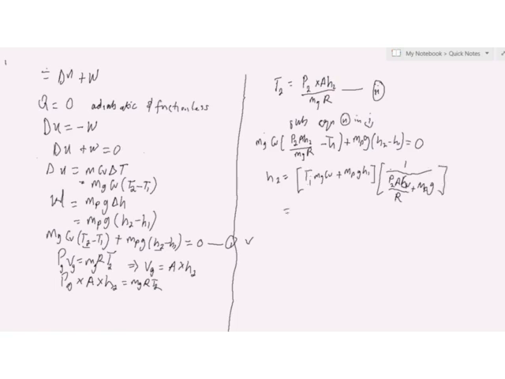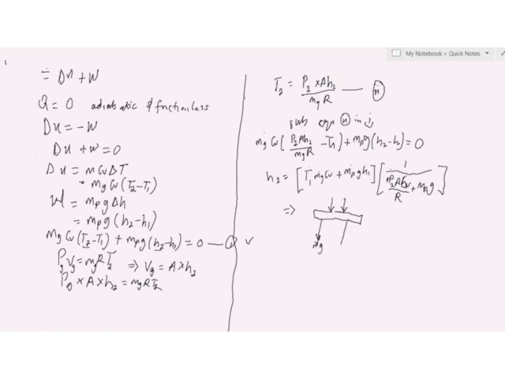But we don't have this P2. So to get our P2 we are going to analyze the forces acting on the piston. Assuming this is the piston, we have the atmospheric pressure force acting on it, and we have its weight also, which is mg.